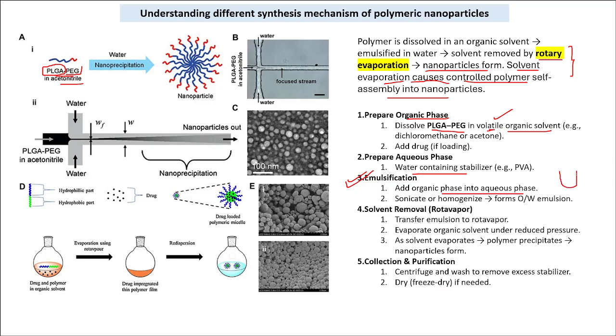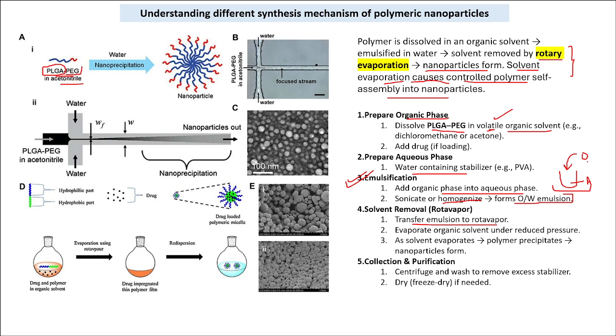Suppose this is your aqueous phase. In this we add the organic phase drop by drop, and sonicate or homogenize, which forms an oil-water emulsion. Transfer the emulsion to the rota vapor.